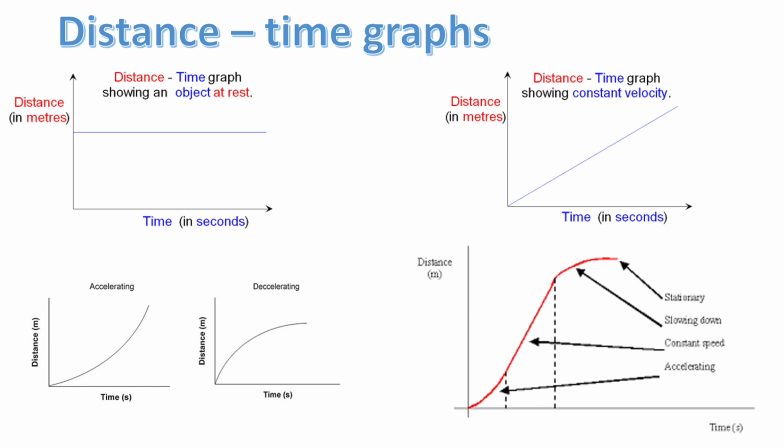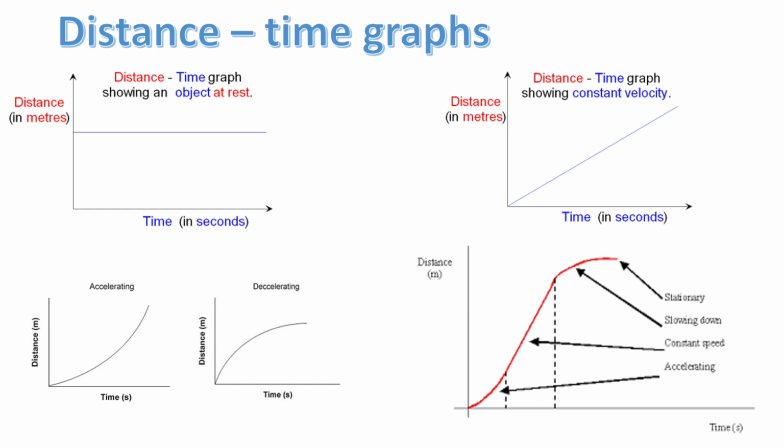Now you can see the last graph. It's a combination of different types of motion. It's a distance time graph. In the beginning, from 0 to that first dotted line, you can see it is curved upward. So it is an accelerated motion.